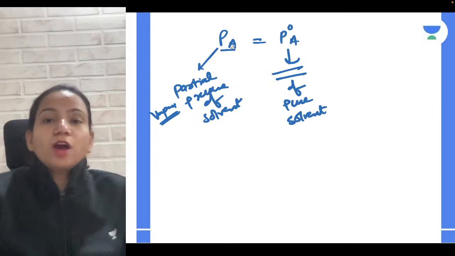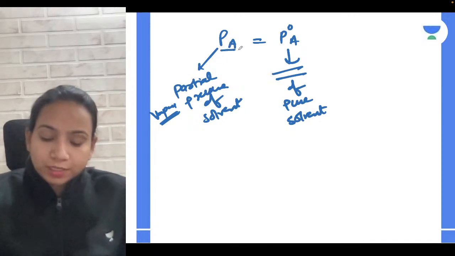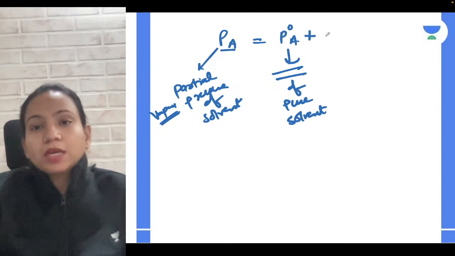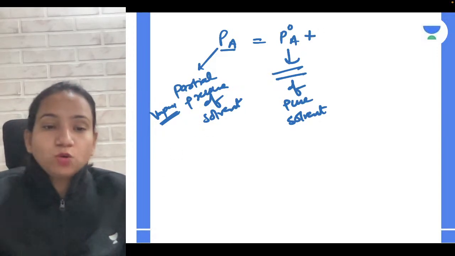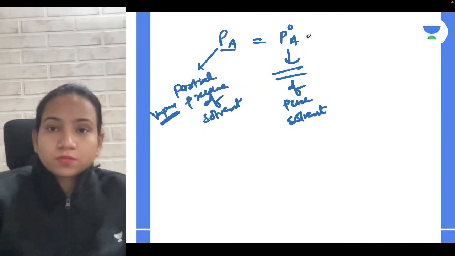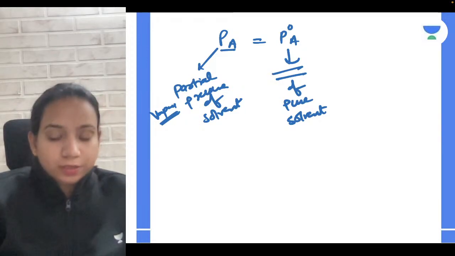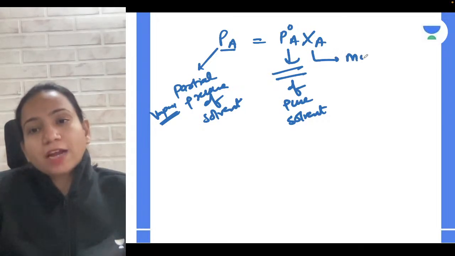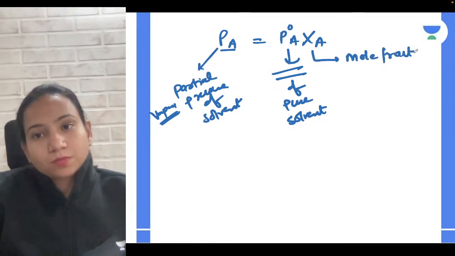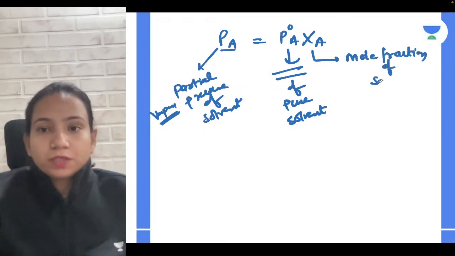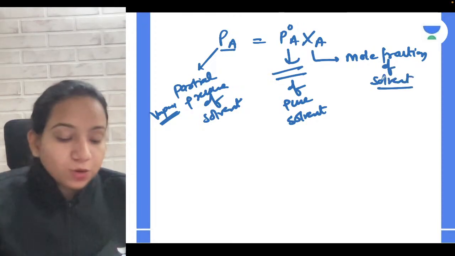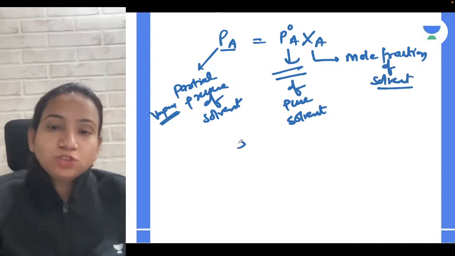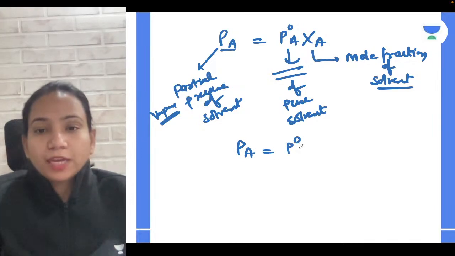PA is when you have taken it in the mixture. XA is the mole fraction of the A component, which is the solvent. I hope everyone is able to relate.